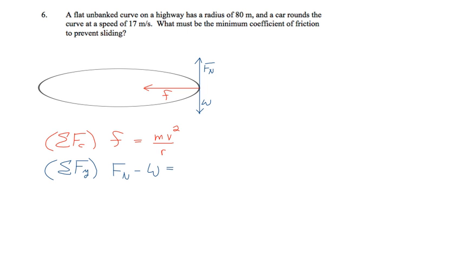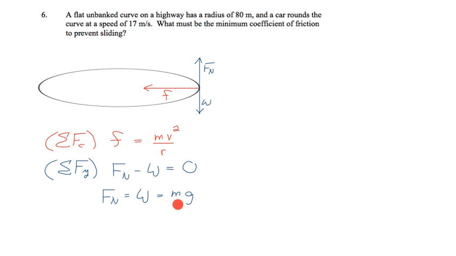So Fn minus W equals 0. Then I can say Fn equals W, and W equals mg, so Fn equals mg.